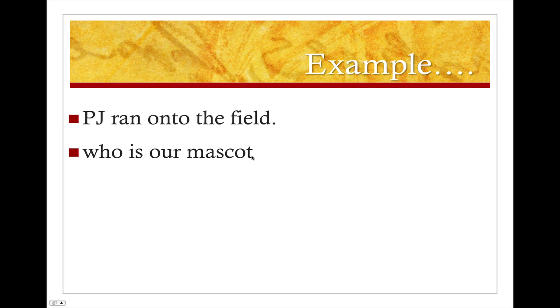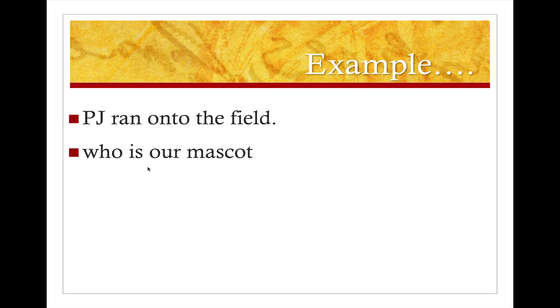Who is our mascot is a clause, but it's a subordinate clause because obviously it cannot stand by itself as a sentence. I suppose if we put a question mark it could, but just by itself as a statement it could not. And you can see that within this little subordinate clause, the verb is, the subject who, so it has a subject and a verb.